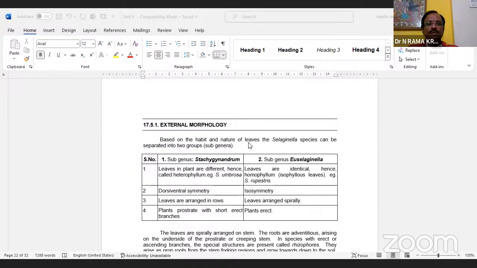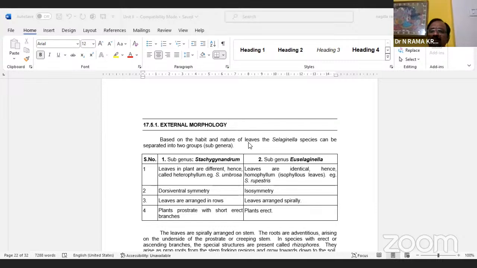Based on habitat and nature, the leaves of Selaginella species can be separated into two groups, or subgenera: one is Stachygynandrum and the second is Selaginella.